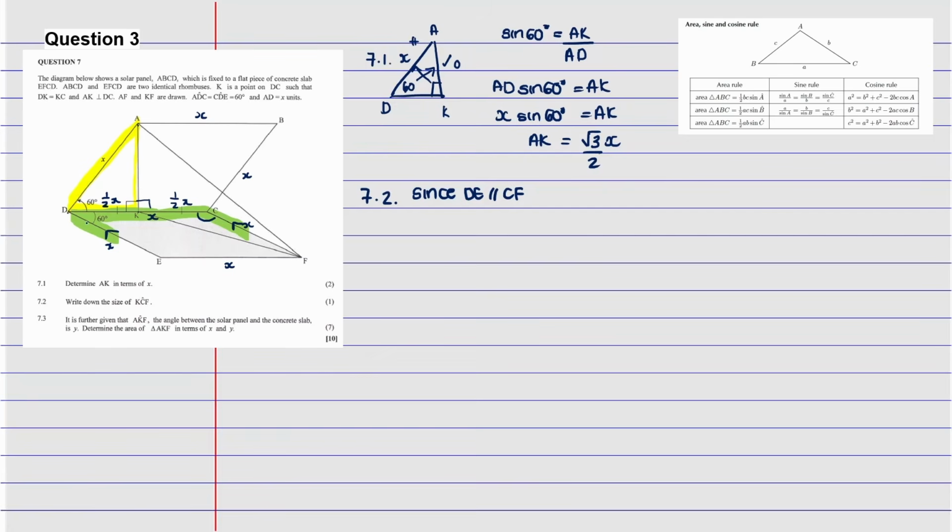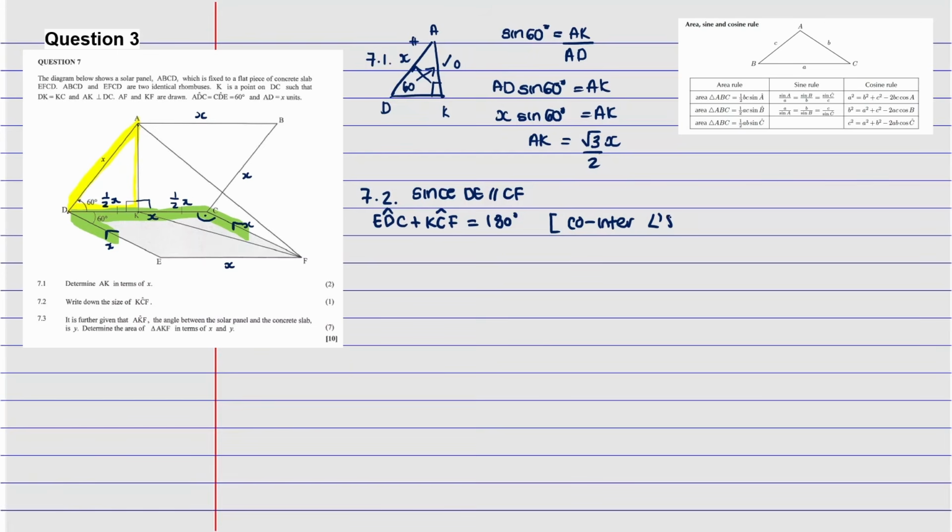We know the fact that this angle here, and I'm going to name it, which is going to be EDC, plus this angle here, the one that we want, which is going to be KCF, is going to be equals to 180 degrees, right? And I'm just going to write this. Reason is not compulsory. I'm going to write the reason for you guys so that you can know why we're saying that. That's co-interior angles, right?